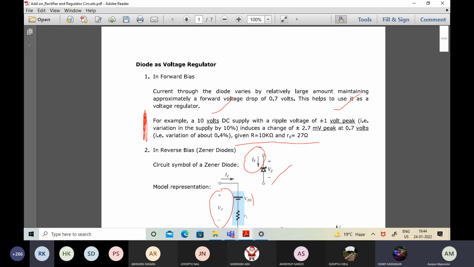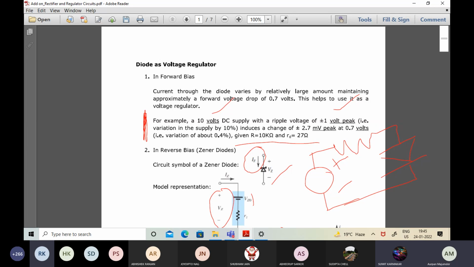The concept is very simple. You have a source, a resistance, and a forward bias diode. I am talking about forward biasing for the corresponding diode in the diagram on the screen. So what is the level of change encountered if the dynamic resistance of the diode is 27 ohms?